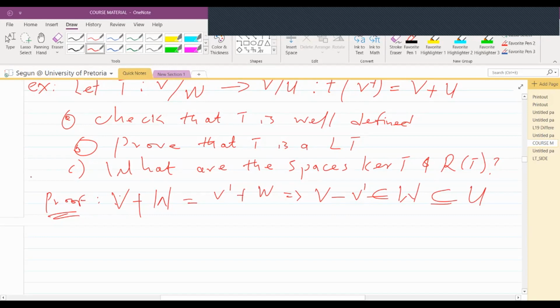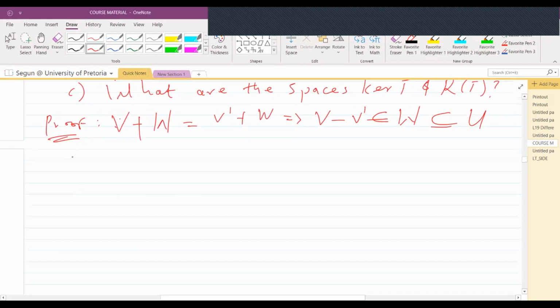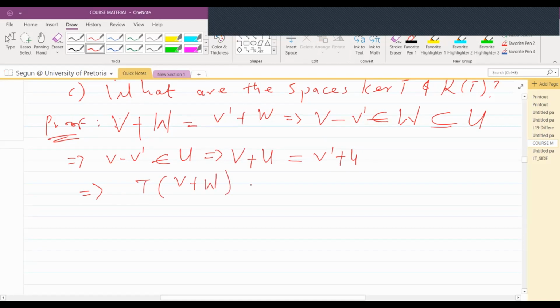So if it is the same thing like that, I can boldly say that V minus V prime belongs to U, which implies V plus U is the same thing as V prime plus U, which implies that T of V plus W is the same thing as T of V prime plus W. So what we are trying to show here is that we are moving from one point to the other.